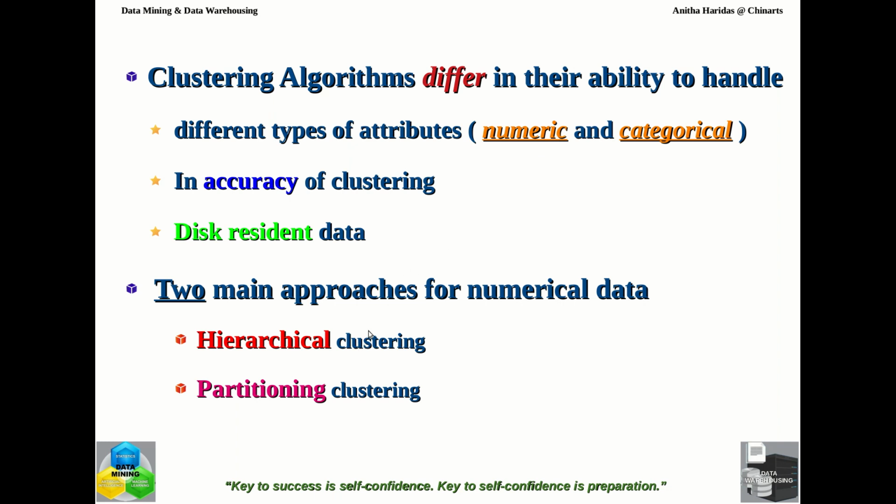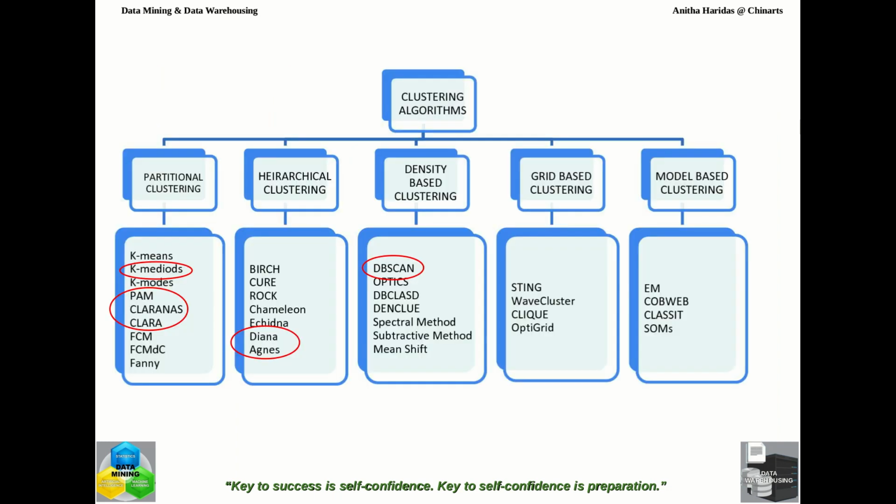And for clustering, there are two major approaches for the numerical data. One is the hierarchical clustering, the other one is called partitioning clustering or partitional clustering. So these are the algorithms we will be discussing in our syllabus.